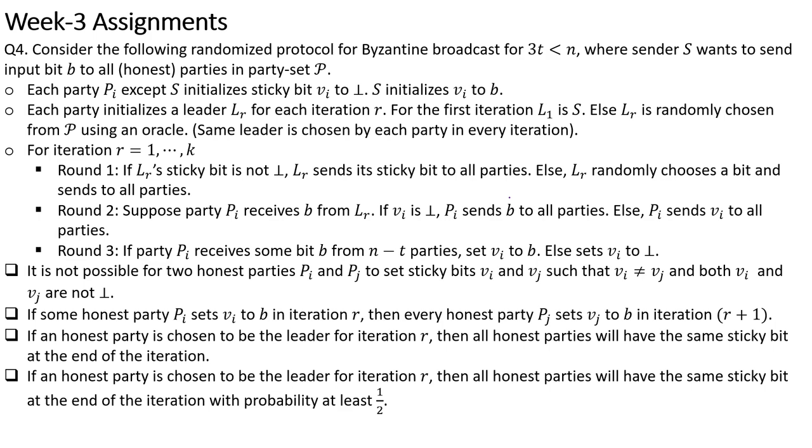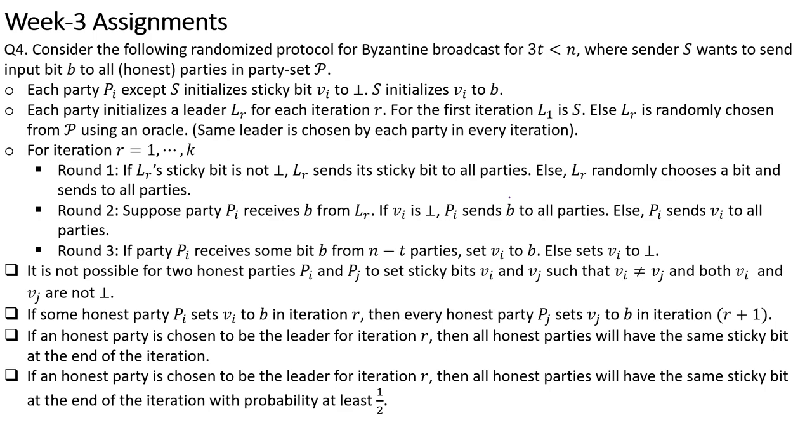So there is a majority concept here: Vi is set to a particular bit only if that bit has been received from at least n-t parties, that is, with sufficient confidence. Otherwise Vi is bot for the next iteration. That is the description of the protocol. Now the option is: it is not possible for two honest parties Pi and Pj to set sticky bits Vi and Vj such that Vi is not equal to Vj and both Vi and Vj are not bot.